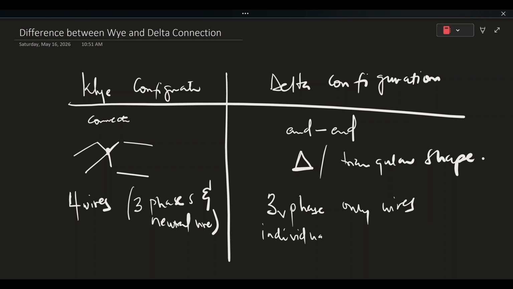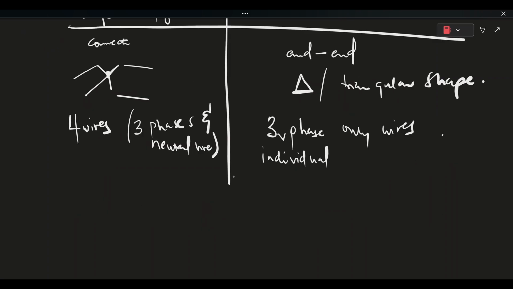Then in terms of voltages, as we said, for the Y configuration, VL, the line voltage, is equal to root 3 times the phase voltage VP. And this is because, as we said earlier, this phase voltage is only across one coil. So the phase voltage is only across one coil, while the line voltage spans across two coils. Hence, the root 3 difference.